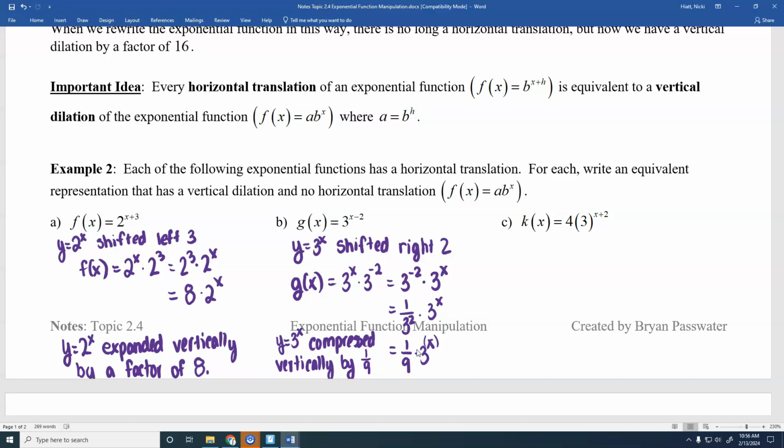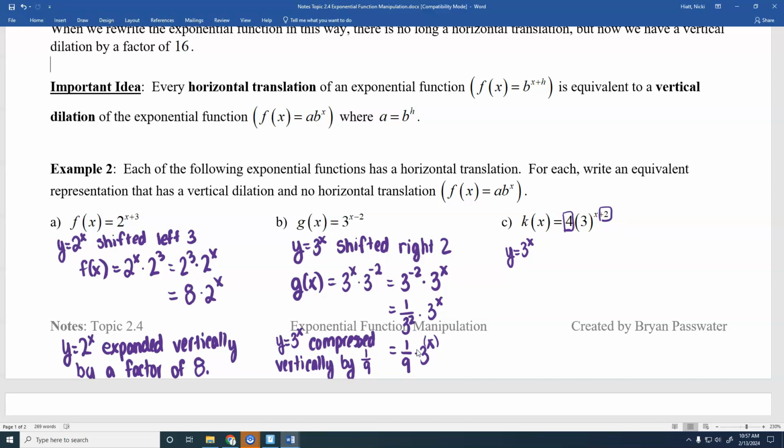Okay. C is going to be even a little bit different because this time we do have a number out front, right? If we are looking at this originally, we would actually have two transformations that had happened to our y equals 3 to the x. That 4 and that plus 2.